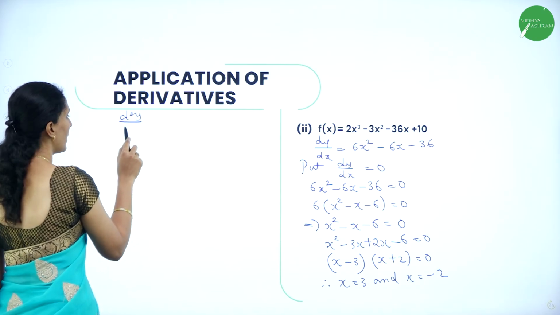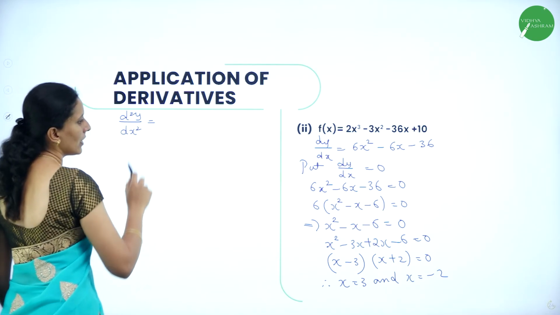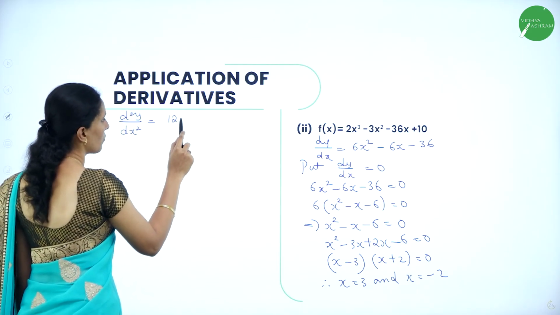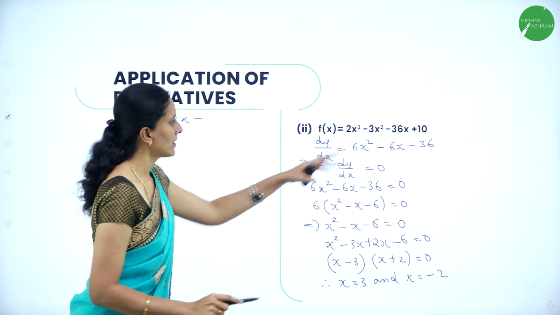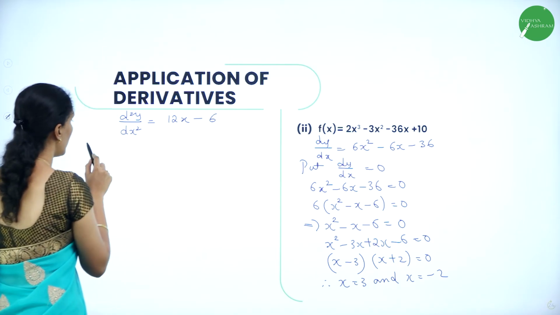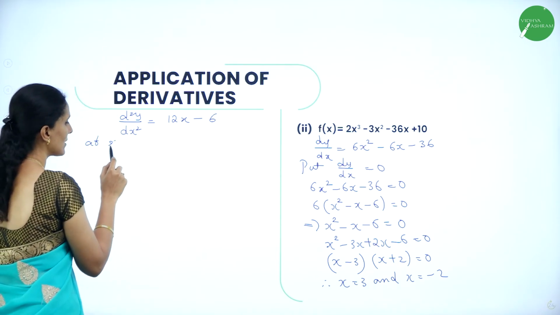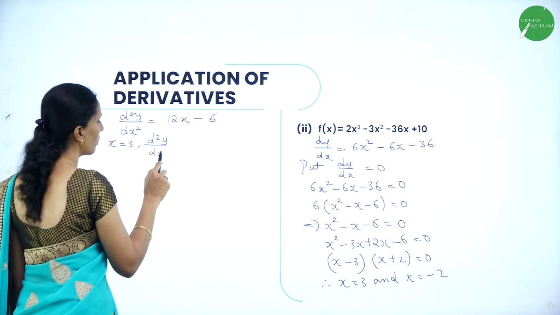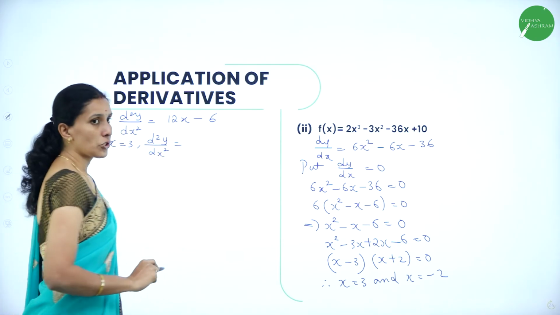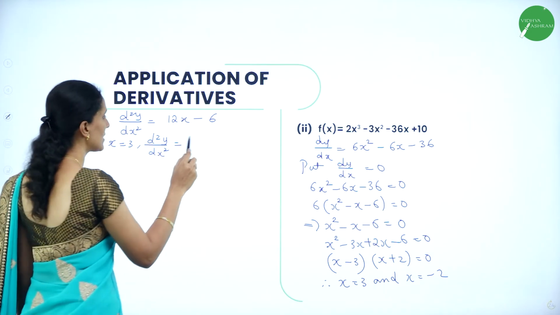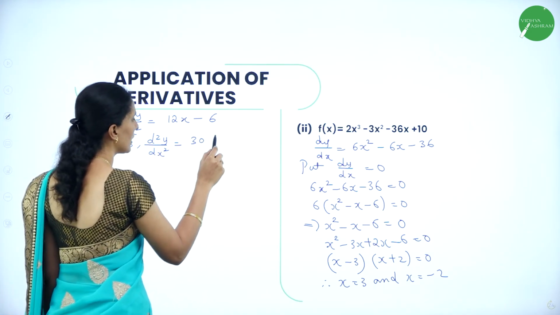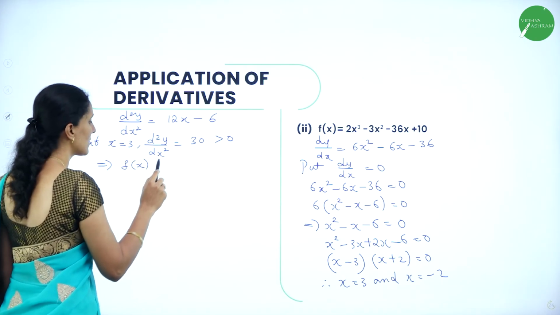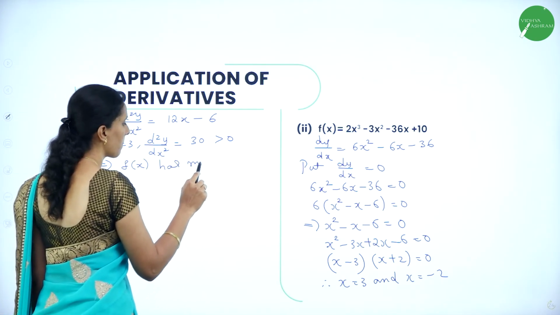D square y by dx square is 12x minus 6. Now, at x is equal to 3, d square y by dx square is equal to 12 3s are 36 minus 6, so you will get greater than 0. This implies f of x has minima.